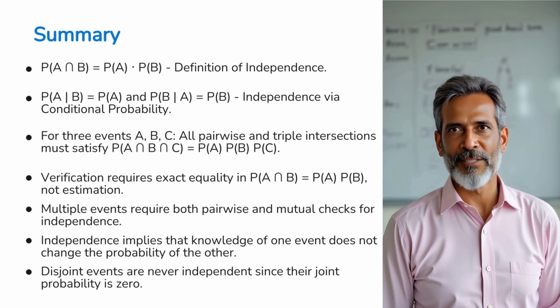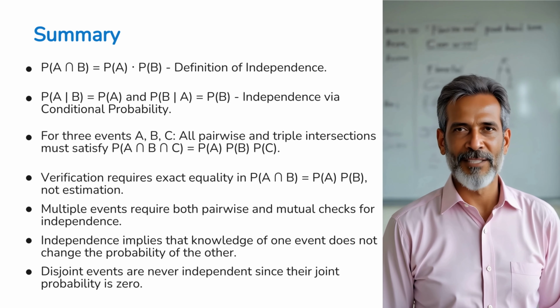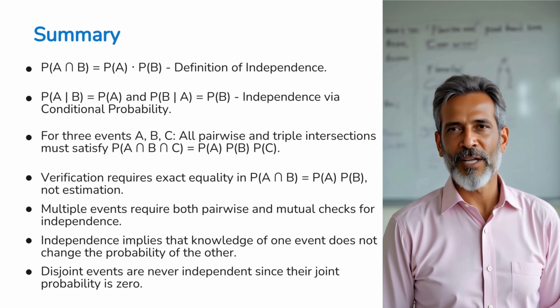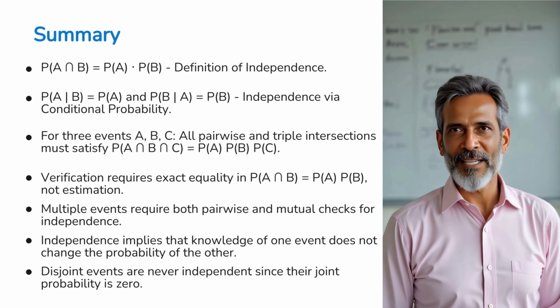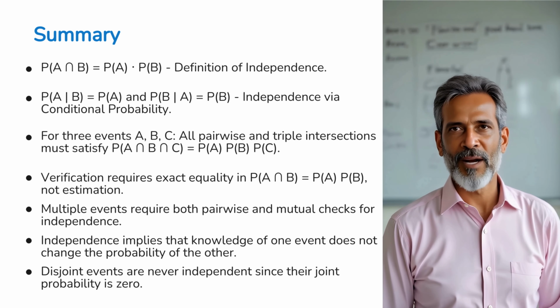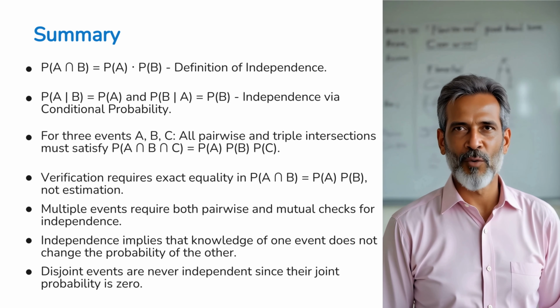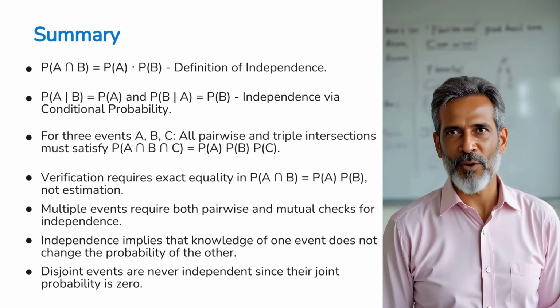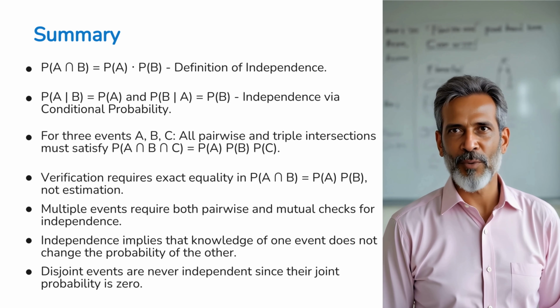For three events, A, B, and C, independence becomes stricter. All pairwise intersections and a triple intersection must satisfy P of A intersection B intersection C equals P of A multiplied by P of B multiplied by P of C. Verification requires exact equality. Not approximation, not estimation. The numbers must match perfectly.